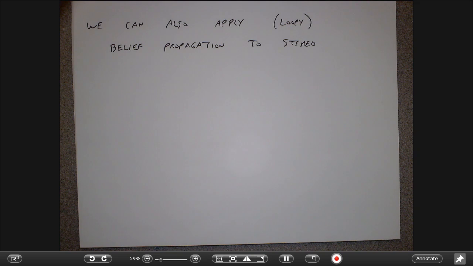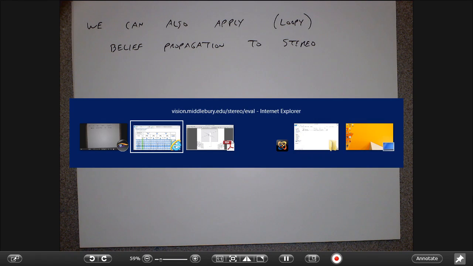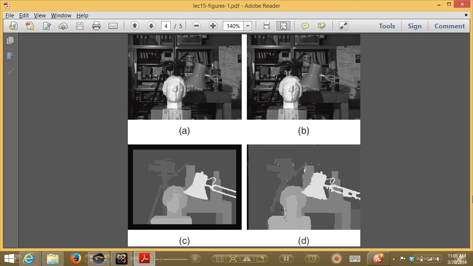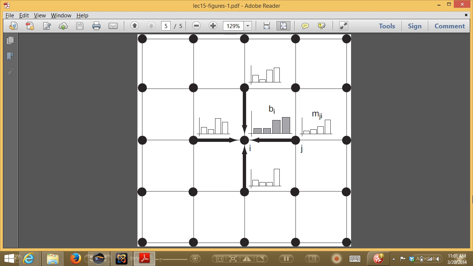Let's look back at what that means. This was the sketch I showed about belief propagation earlier. At every pixel, I have an estimate about what my disparity should be. Think about that like a probability mass function of disparity values. This is my current belief about what my disparity could be. I have high probability on the large end and low probability on the small end.